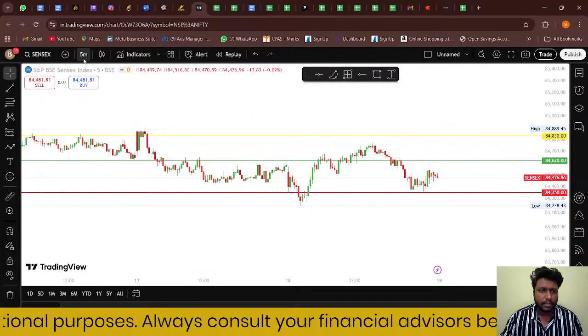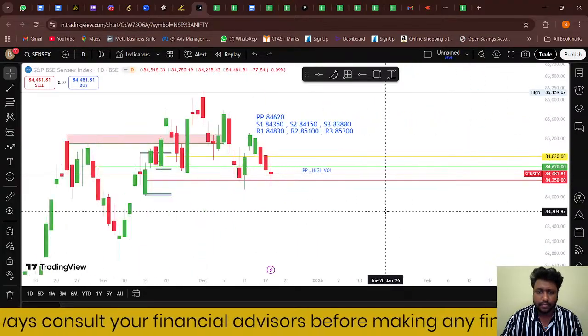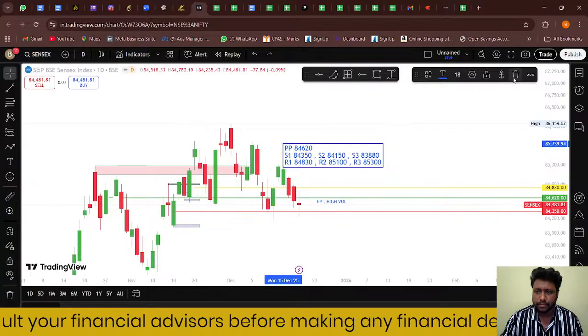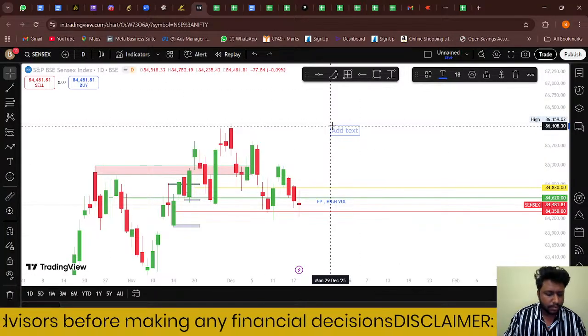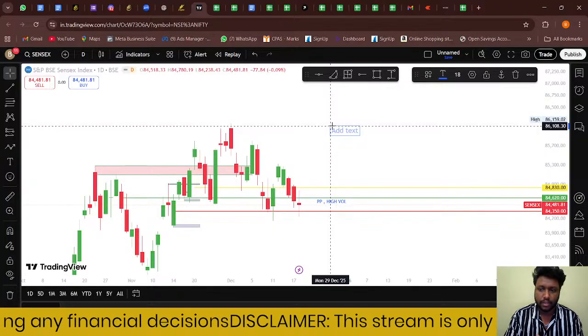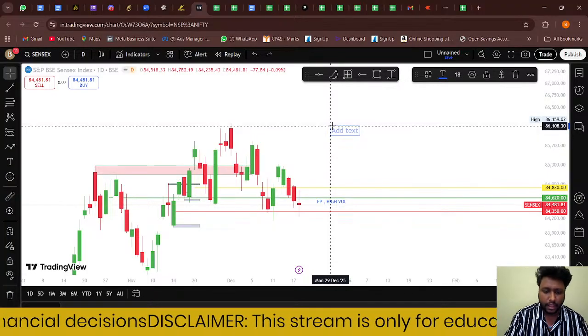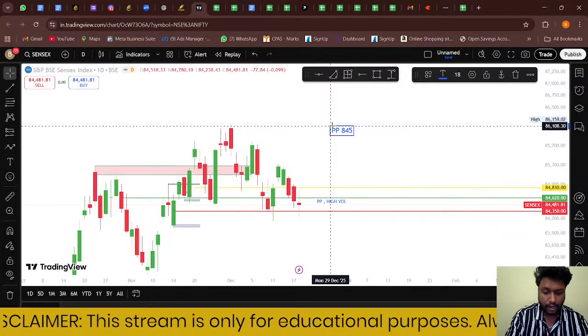Let's mark today's levels with respect to Sensex. 84,500 is today's level. Yesterday it was 620, and the pivot point for today is 84,500.